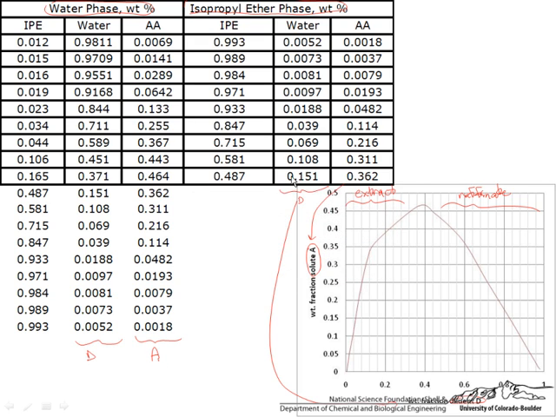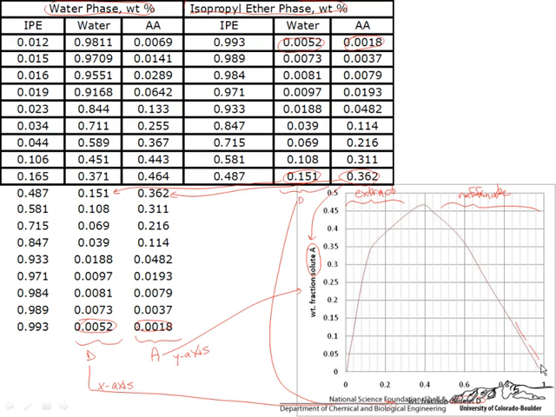And I take the values from here and I've just reversed the order. So this 0.52 is down here. This 0.0018 is down here. So I'm going to plot the diluent on the x-axis and the solute on the y-axis. And I'll get this nice little curve that'll look like this, and this part of it will be the extract, and this part of it will be the raffinate. So we plotted our equilibrium data.